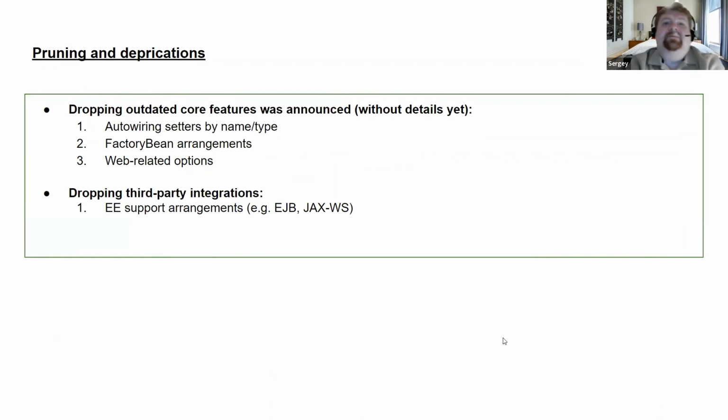And talking about some deprecations, they're going to drop a couple of features that are decided to be outdated, but sometimes we use them, so we should be prepared for that. First of all, they should cancel support of setters for autowiring by name and type.